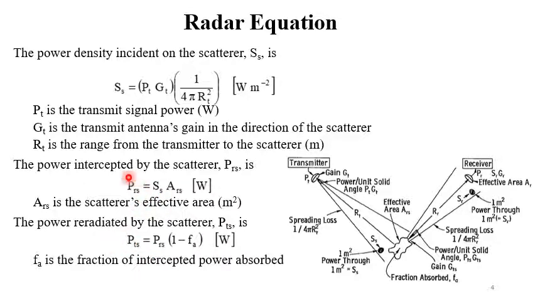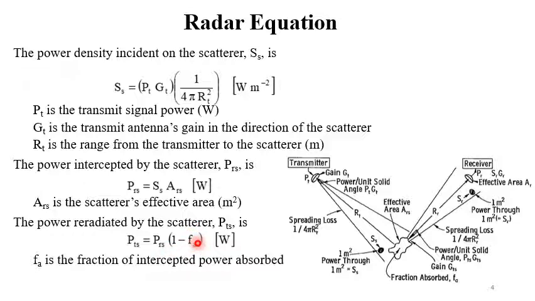Now this amount of power is intercepted by the scatterer. Out of this PRS amount of power, a fraction FA will be absorbed and the rest of the power will be re-radiated. So the power re-radiated by the scatterer, written as PTS, can be written as the power intercepted minus the power absorbed.